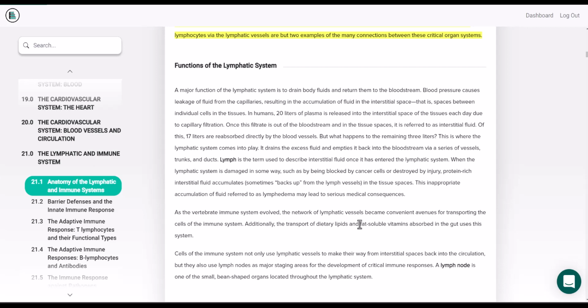You know that there is interstitial fluid. So interstitial fluid is simply the fluid that accumulates between the cells in the tissues. So in the interstitial space, there's interstitial fluid, and this is, again, the fluid that is in between all of your cells.